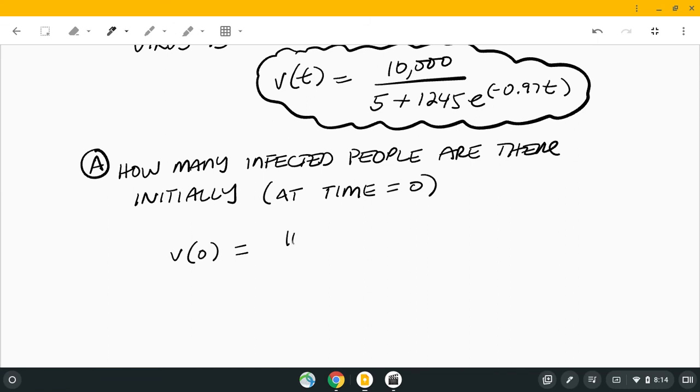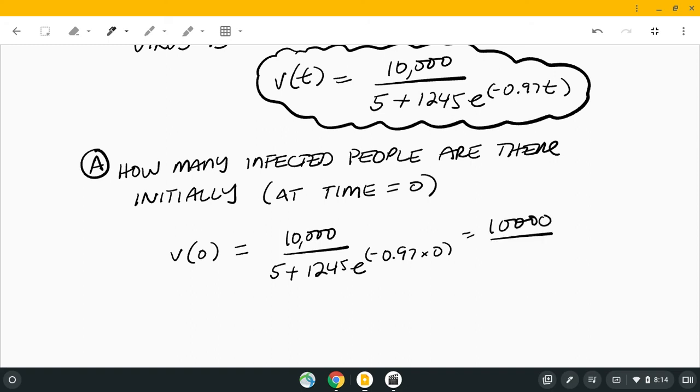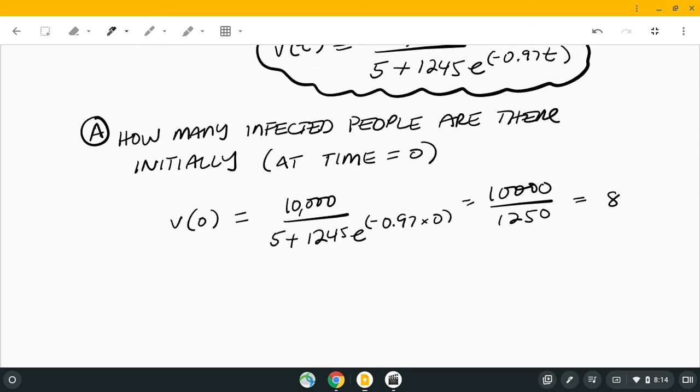That would be 10,000 over 5 plus 1,245 e to the negative 0.97 times 0, which is 10,000 over 1,250, and this equals 8. So there were 8 people initially.